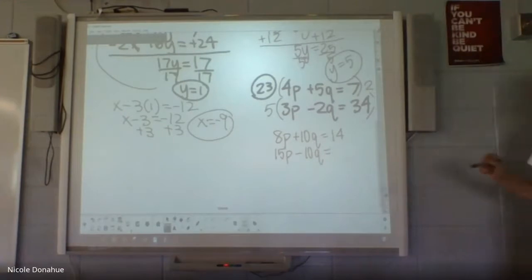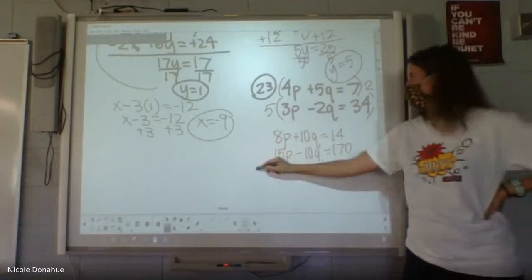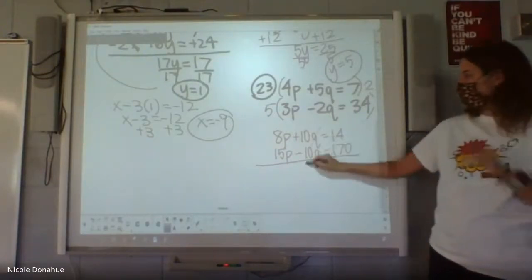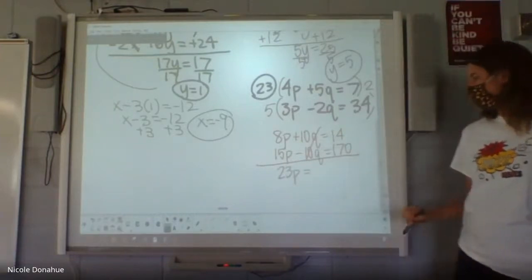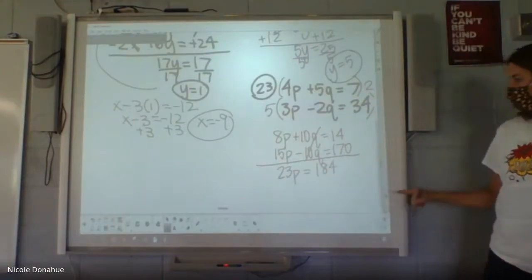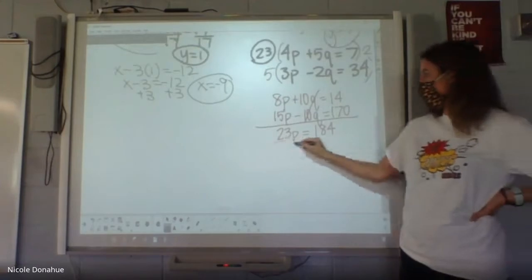Yeah, that'd be 170, I think. Anyone do that? And I'm trusting my mental math, which isn't the smartest thing. So this is 184. So I'm going to divide by 23.